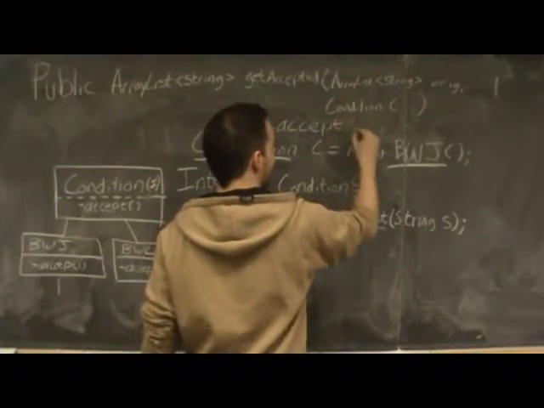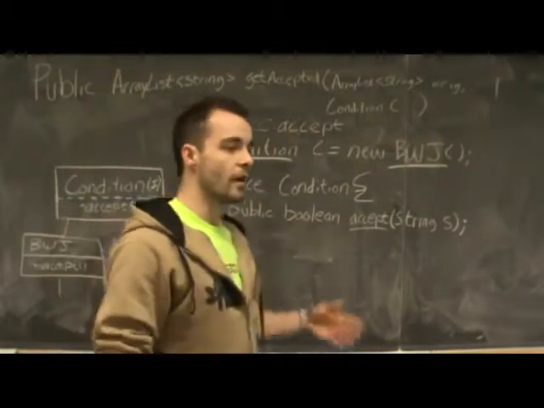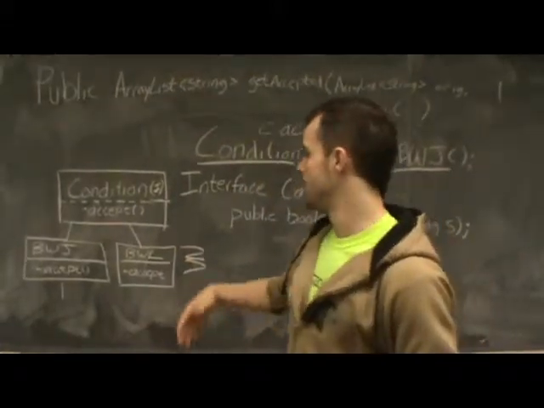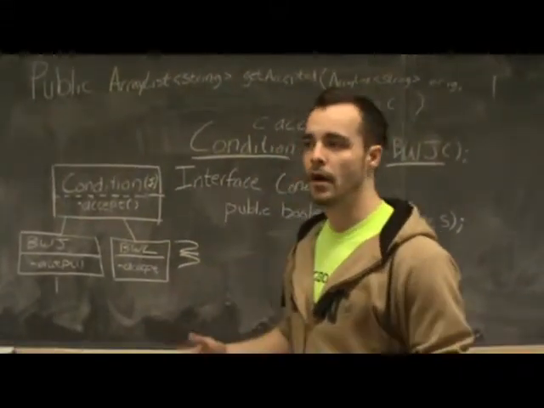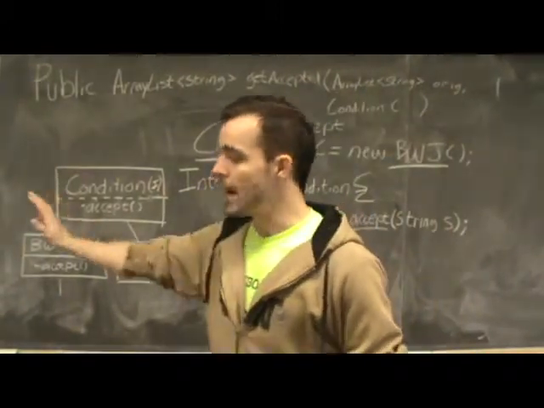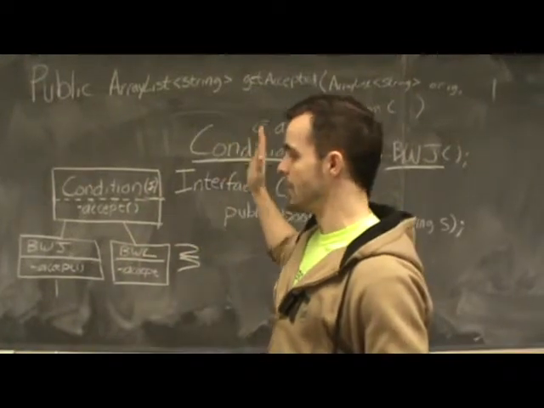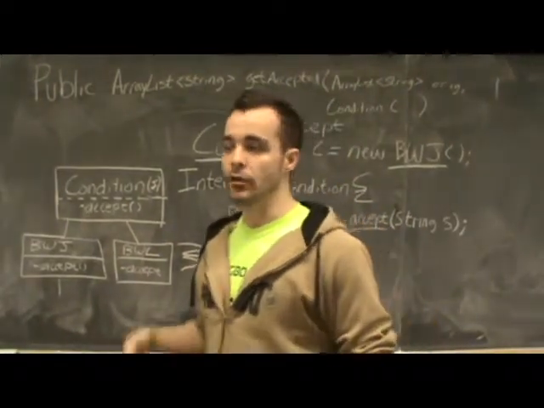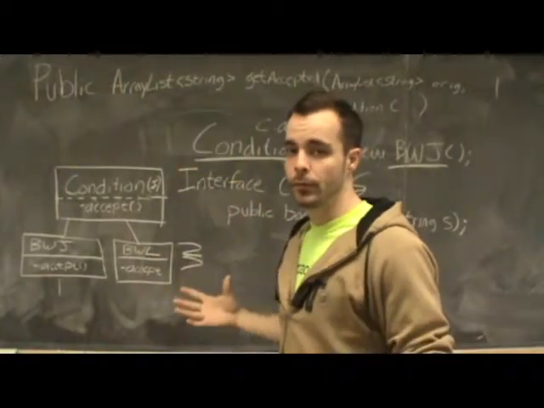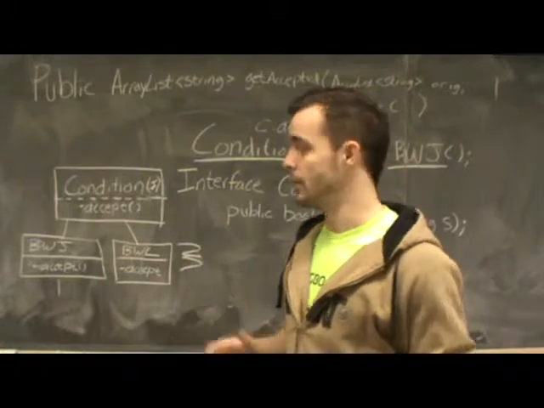And then you're guaranteed that regardless of whether you send it a begins with J object or a begins with L object, or later on, if you come in and implement 735 other condition objects that all implement condition, you never have to come back and change this code. It'll always work regardless of what you're doing. And that's the magic of interfaces and inheritance.